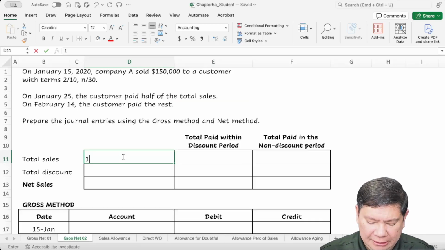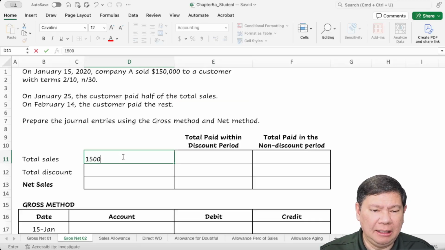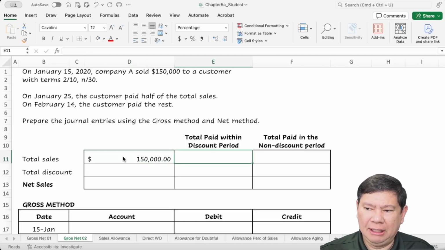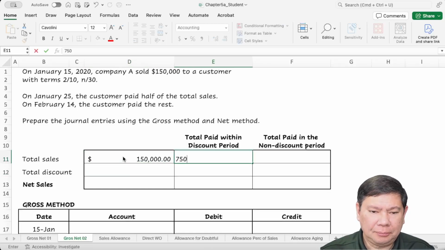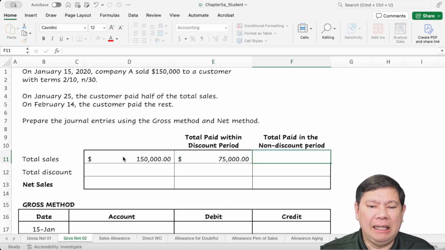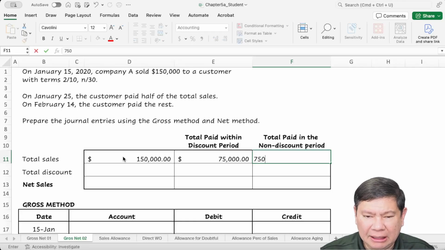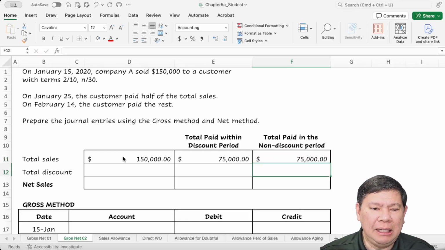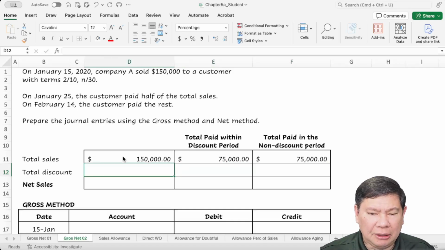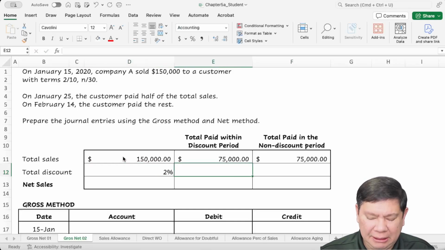So the total sales is $150,000. $75,000 is paid within the discount window, and $75,000 is paid outside the discount window. The discount is 2%.